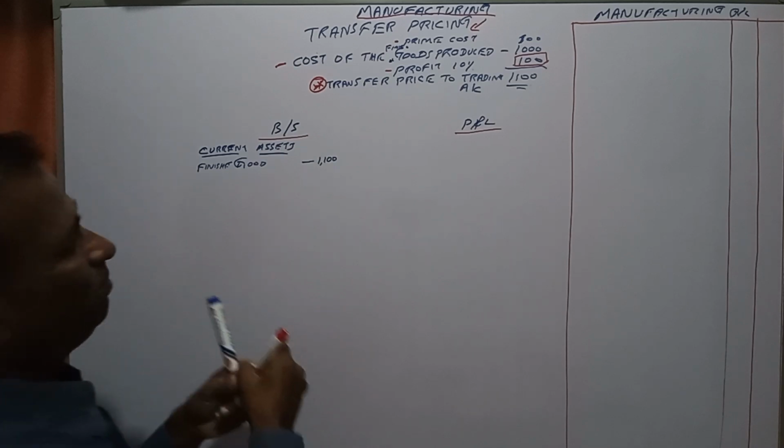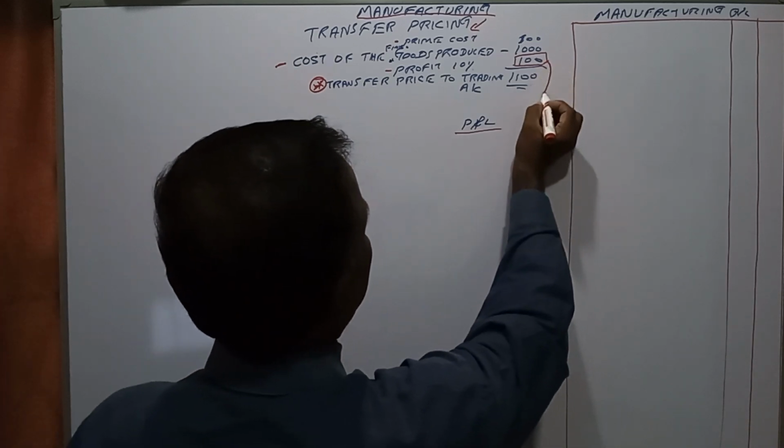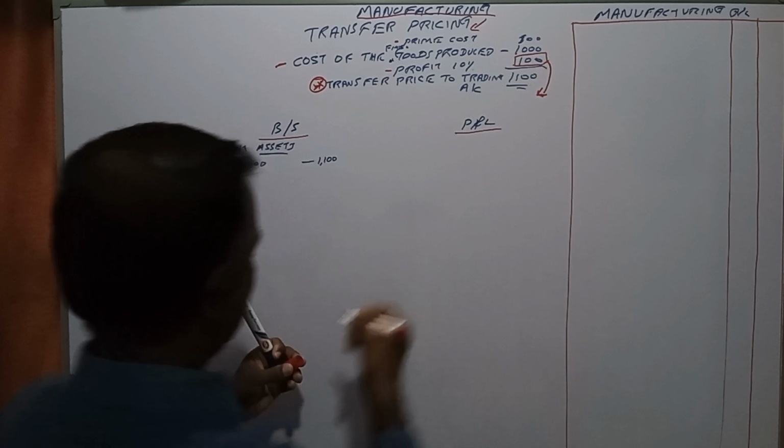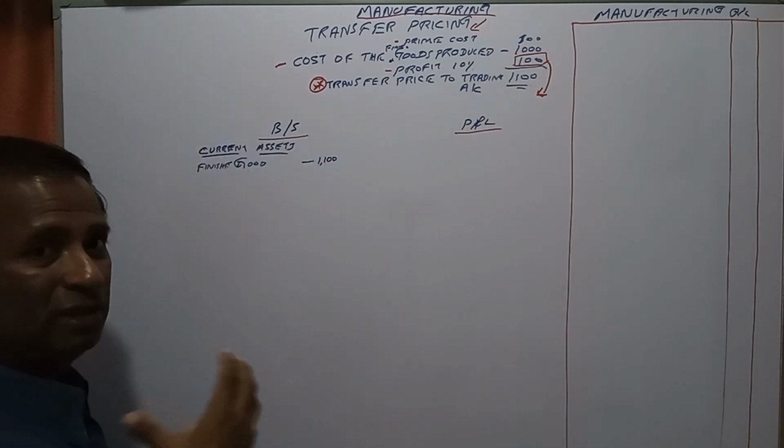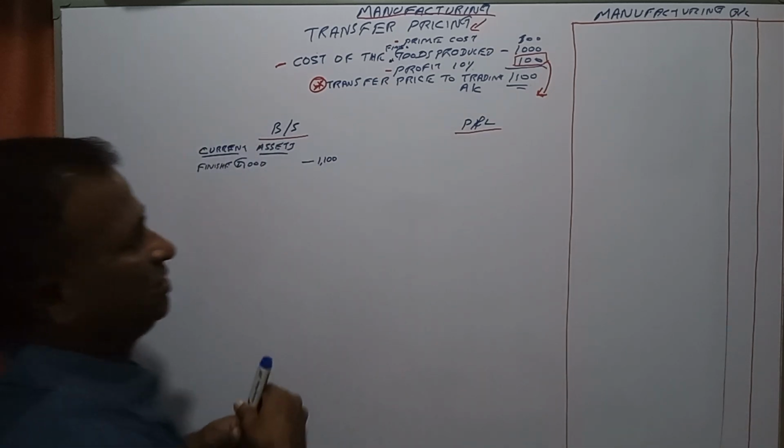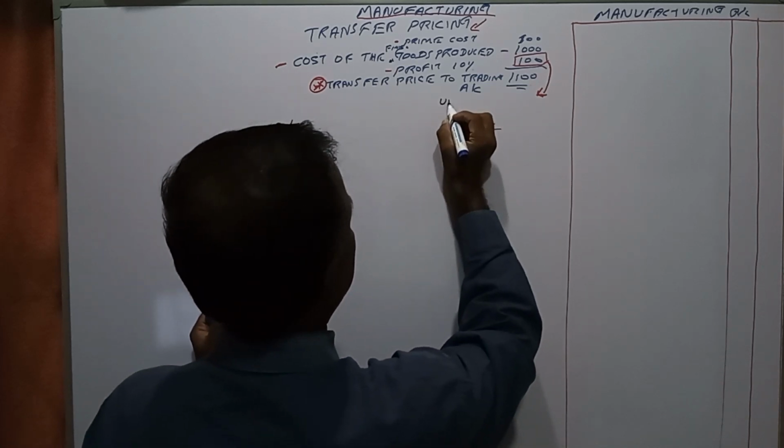This 100 rupees is called unrealized profit, because the profit is not realized.